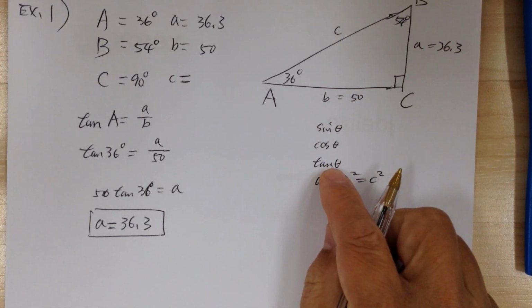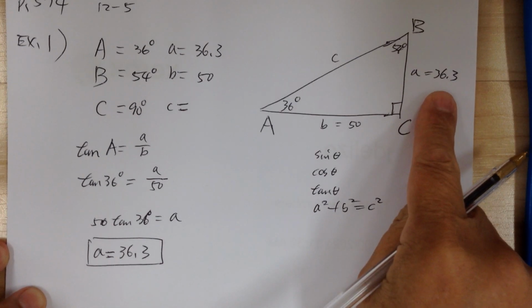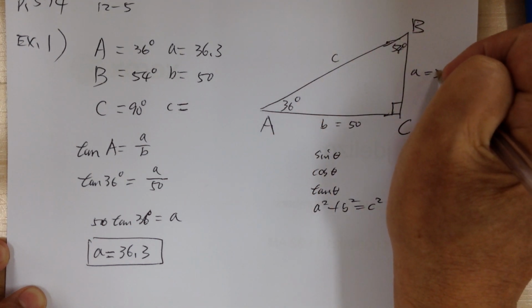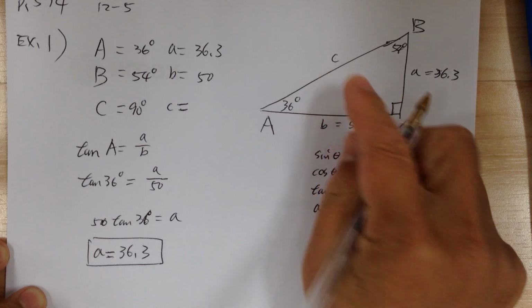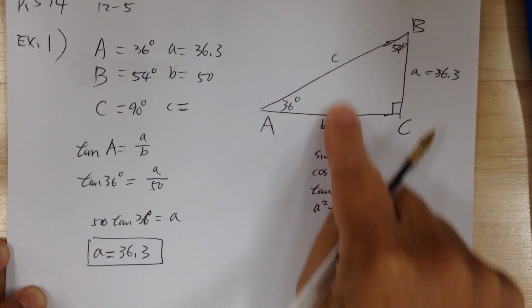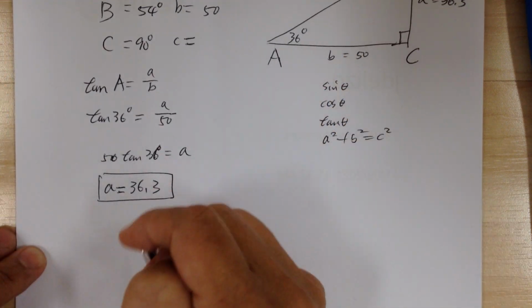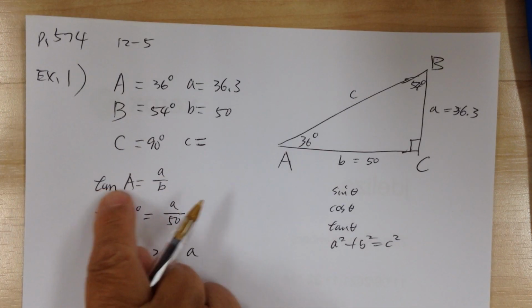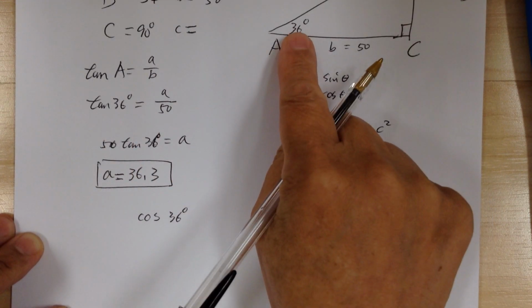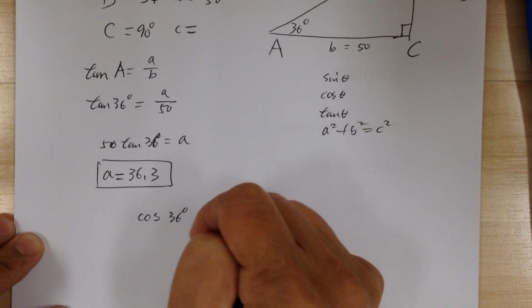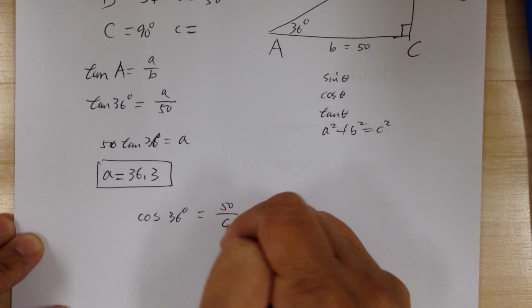Now you have to find c. Since this side already got rounded off, you don't want to use it to solve for c, because your answer is going to be off by too much. Basically you want to use this one. The relationship here is your cosine. So cosine of 36 degrees equals this over this, which is 50 over c.